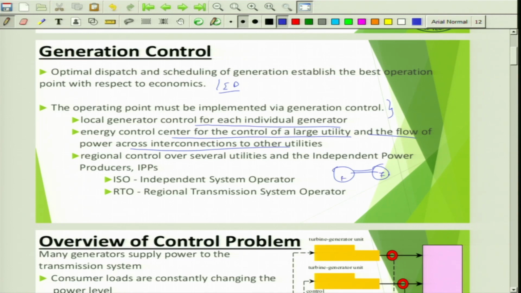If any tie line power exchange needs to take place, it should be done such that the frequency is maintained at a nominal value. Then there is regional control over several utilities and the independent power producers, IPPs. The ISO, independent system operator, will play a crucial role in power exchange, and the RTO, regional transmission operator, will ensure that proper control action is taken at the regional and national level, such that interstate power control is proper.